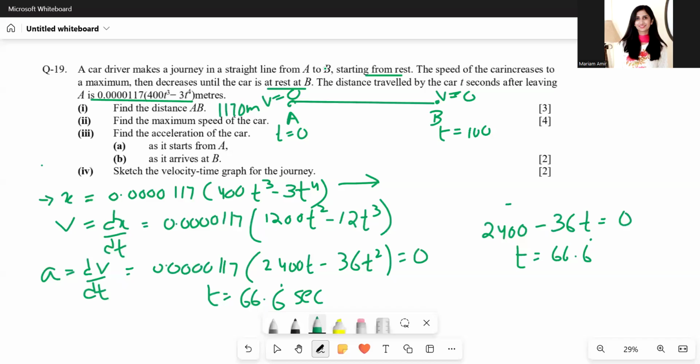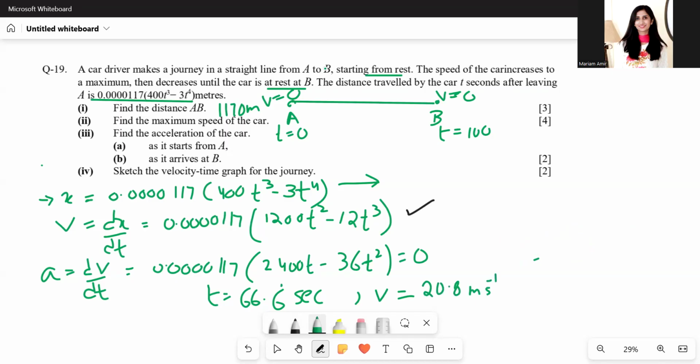And we need the value of v at this time. So now we substitute this time in this equation for v. And when you do that, you get a final answer of v equals 20.8 meters per second.